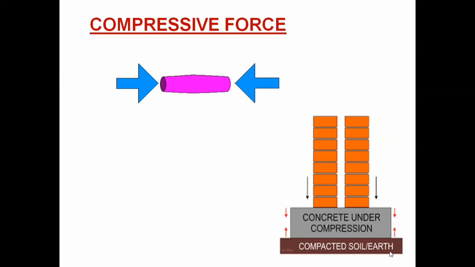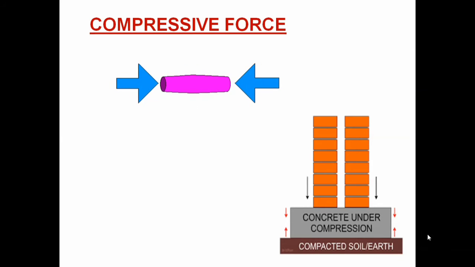Second one is compressive force. Compressive force occurs when a physical force presses inwards on an object, causing it to become compacted. You can see in this picture, when two forces are pressing the object inward, so here compressive force is acting. In civil engineering works, we can observe this.